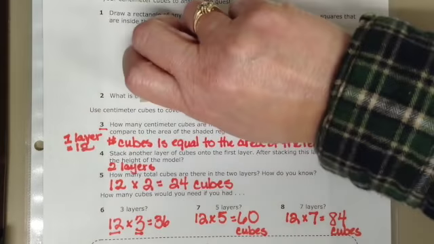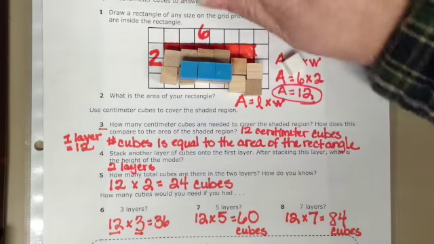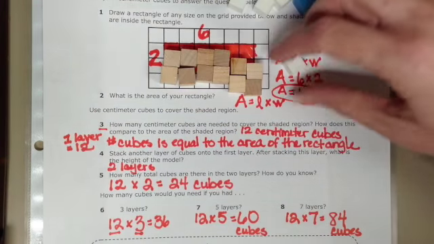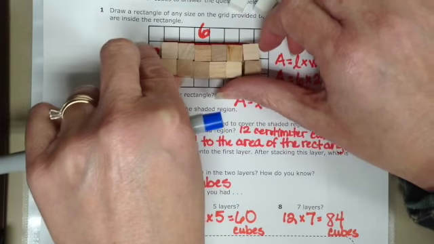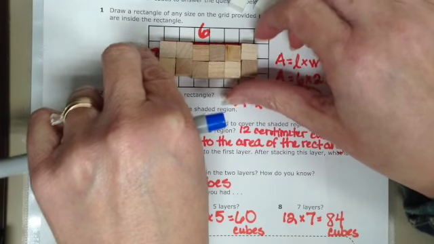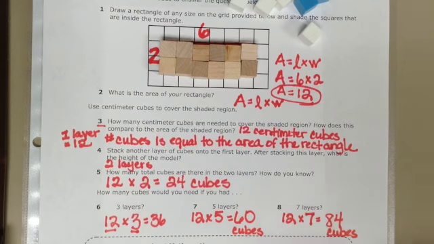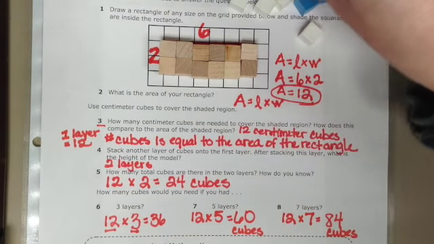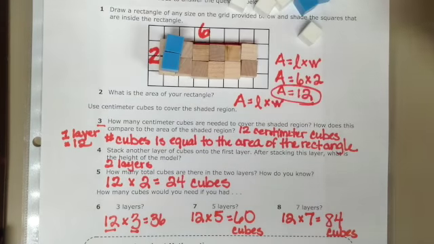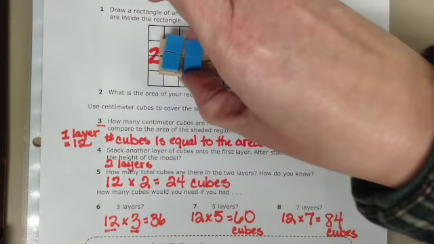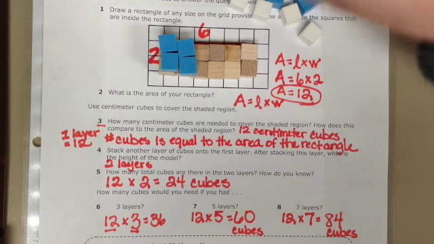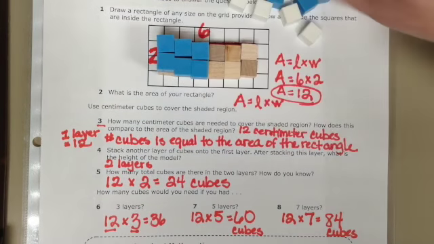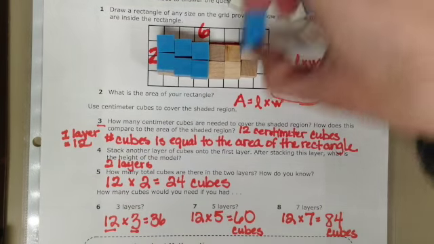But as soon as we added our first row of cubes, now we have 1 layer. So our height was 1. When I started to add my second layer, I had 2 layers of cubes.